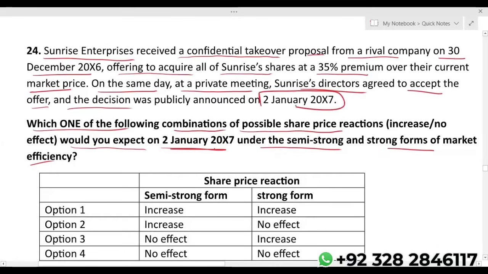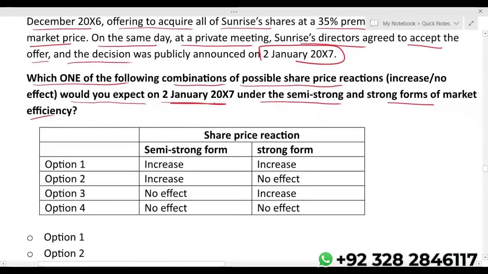See, the offer was on 30th December X6. And you are saying we are announcing on 2nd January. Now come here. Share price reaction, semi-strong. Of course, if it is a semi-strong market, then on 2nd January X7, when you announce, the share price will increase.